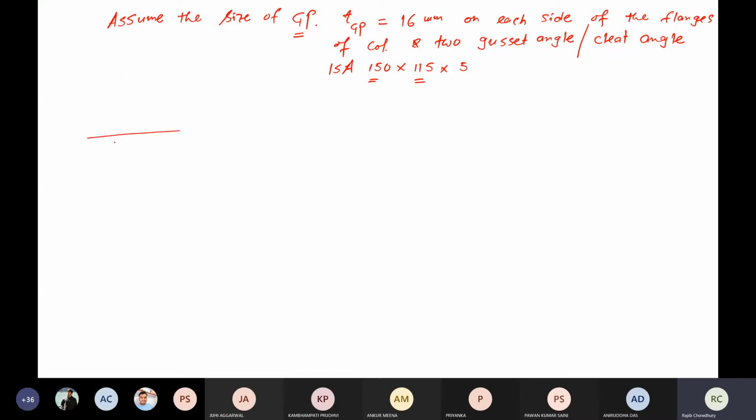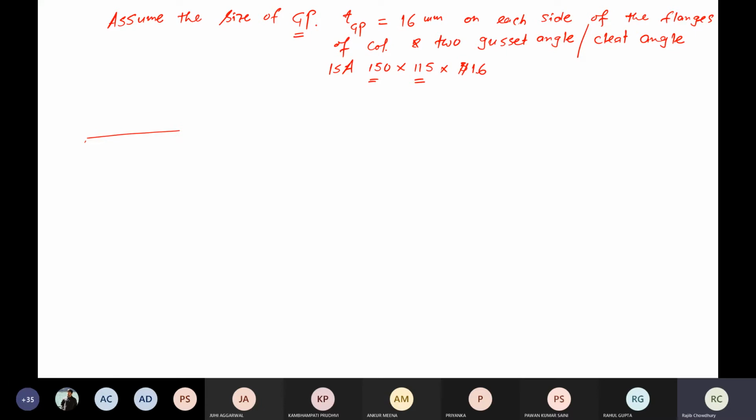Okay, so what I'm going to do, the cleat angle would be 150 into 115 into 16, right? Sorry, not 5. It would be 16, or 15, whatever it may be. Maybe you can provide 16.